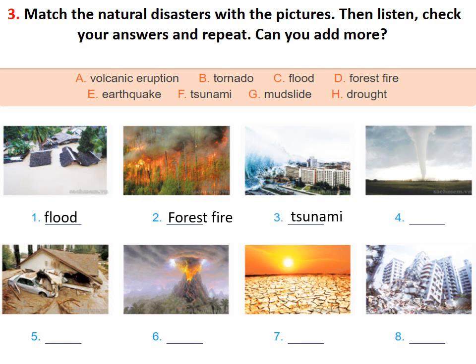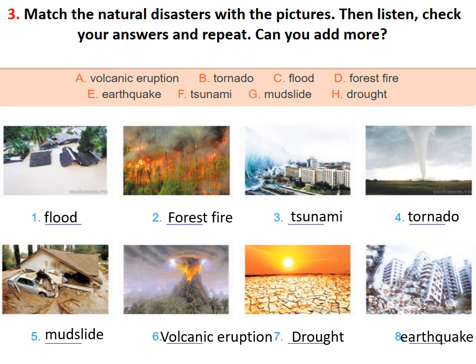Number four is tornado. Number five is mudslide. Number six is volcanic eruption. Number seven is drought. Number eight is earthquake. They are natural disasters.